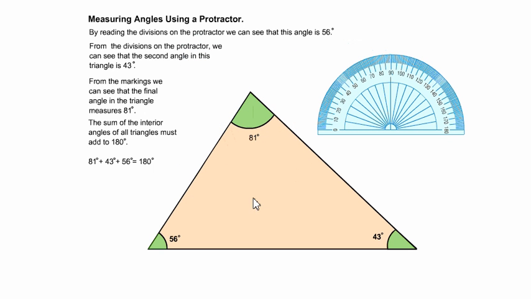So my triangle has 3 angles, 81, 43 and 56, and when I add them together I realize that they are 180 degrees, or a straight line, straight angle that is. Let's look at this to see how really we can realize that the 3 angles of a triangle are a straight angle.